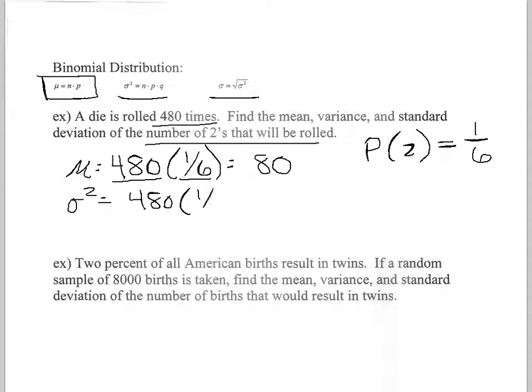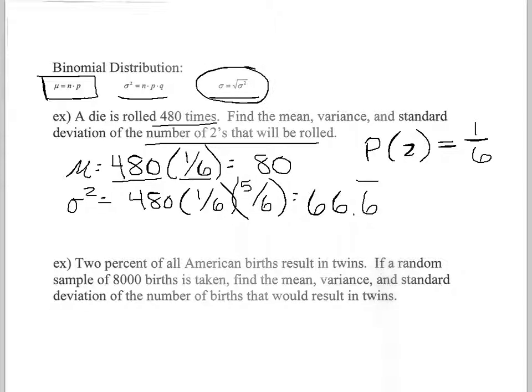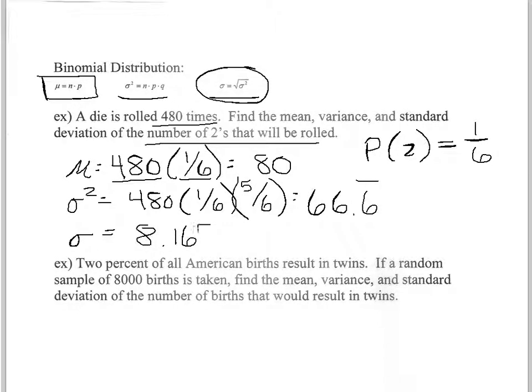It's still going to use the 1/6, but now it's going to take that 5/6 into account for Q. This is actually going to end up giving me 66.6 repeating. But we don't do much with variance. So to find my standard deviation, I have to take the square root of the variance. So I end up with 8.165.